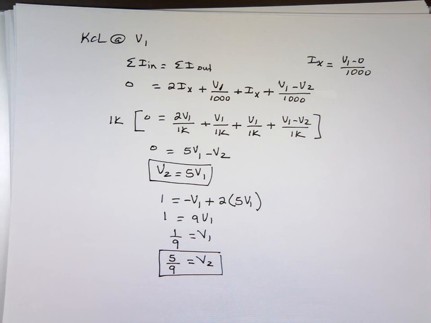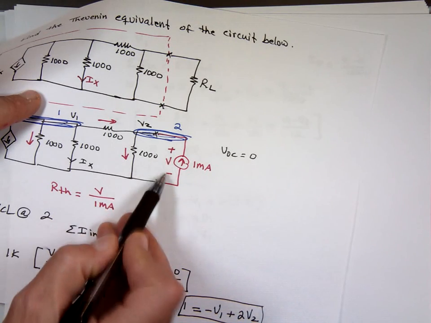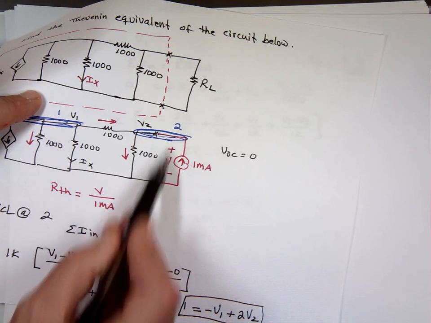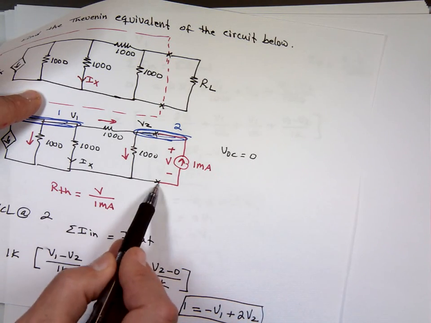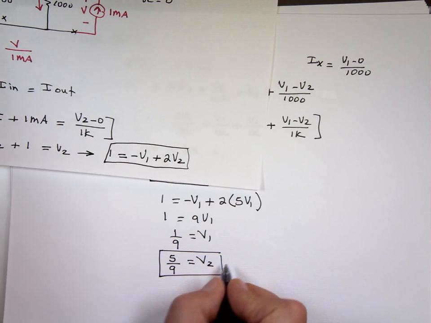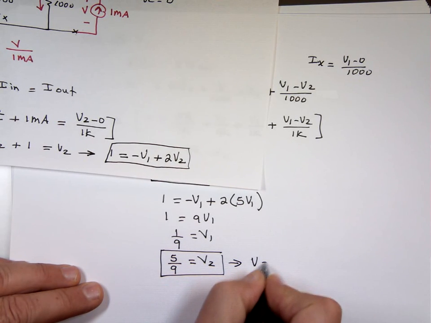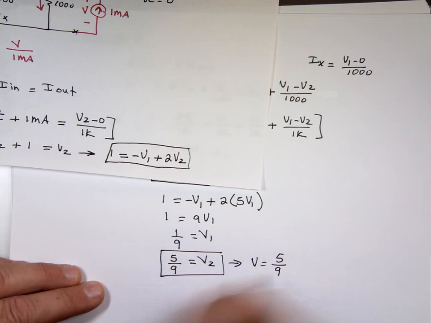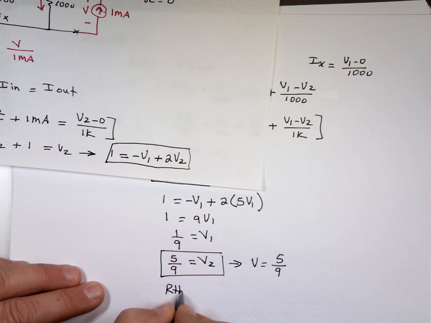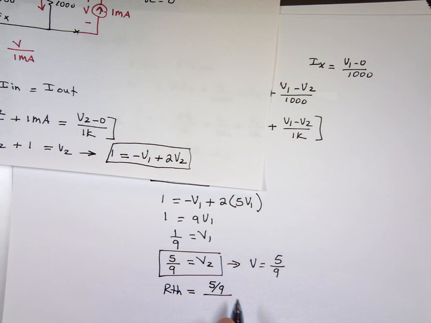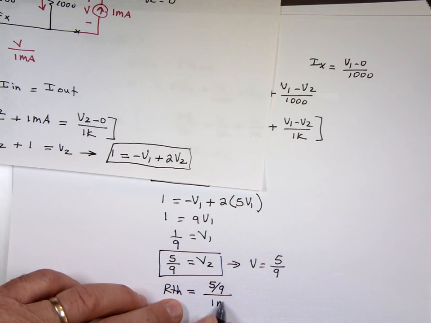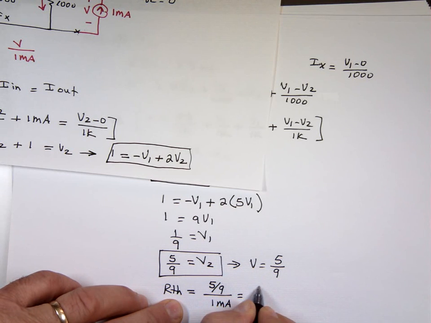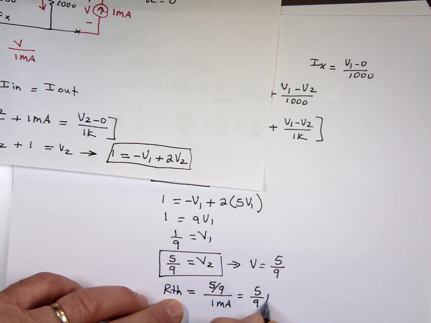V2 happens to be the voltage V, which is between ground and that node. So that's what V is equal to. So what's R Thevenin? It equals the voltage, which is 5 over 9, divided by the current, which is 1 milliamp, which is 5 over 9 kilo ohms.